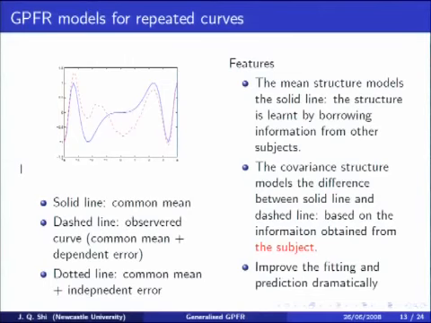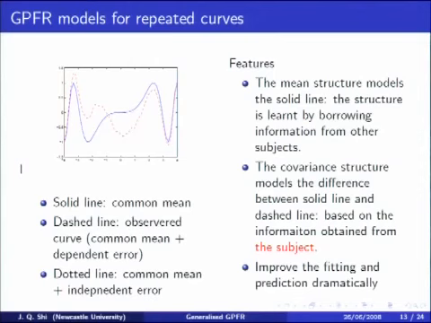In this figure, the blue solid curve is the mean, mu m hat, and the red dashed curve is the actual ymt. The blue one is just the usual mean part, which we learn by borrowing information from the data collected from all the subjects.